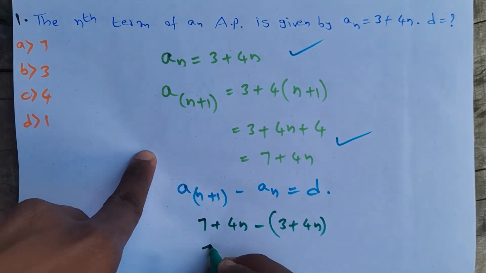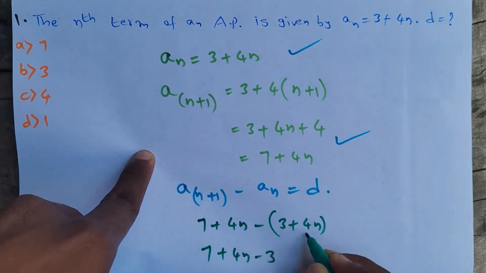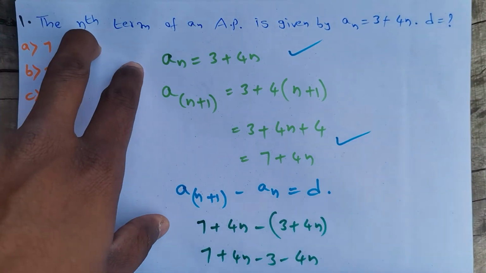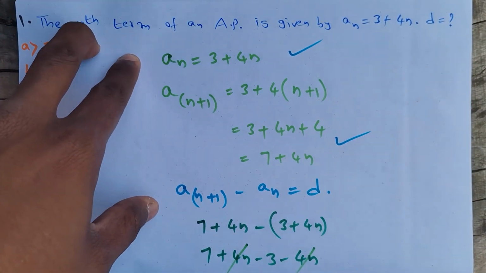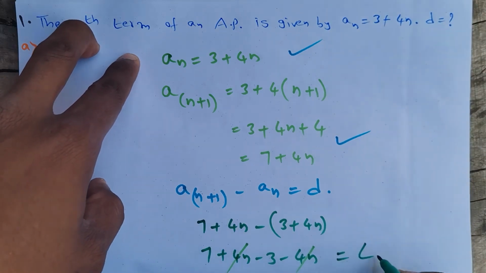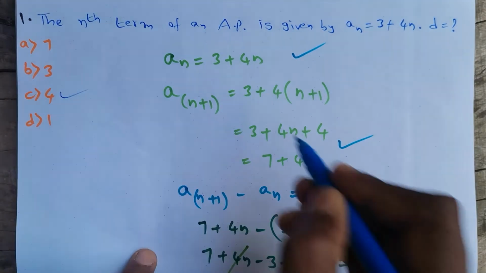So now 7 + 4n - 3 - 4n. Here +4n and -4n both will get cancelled. We remain with 7 - 3, that is nothing but 4. So the common difference is 4. Option C is the correct option.